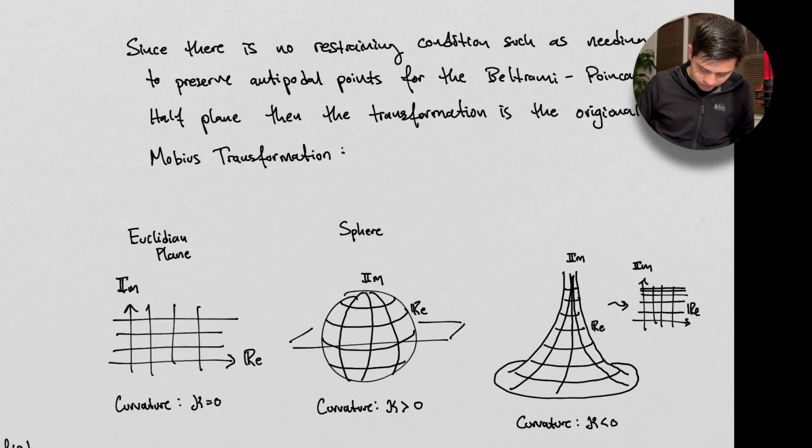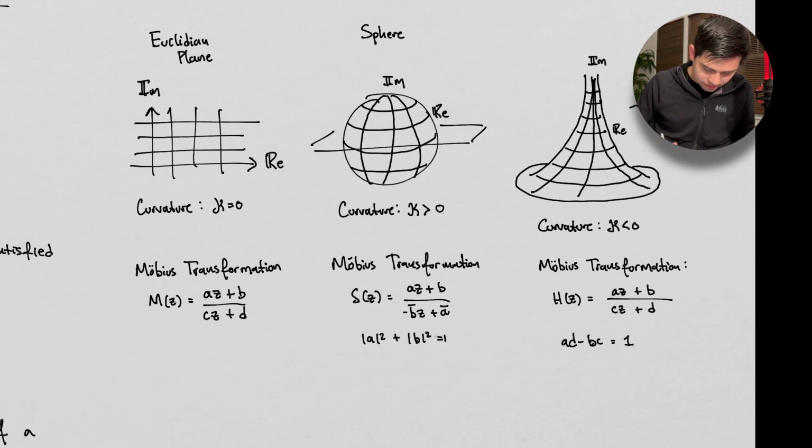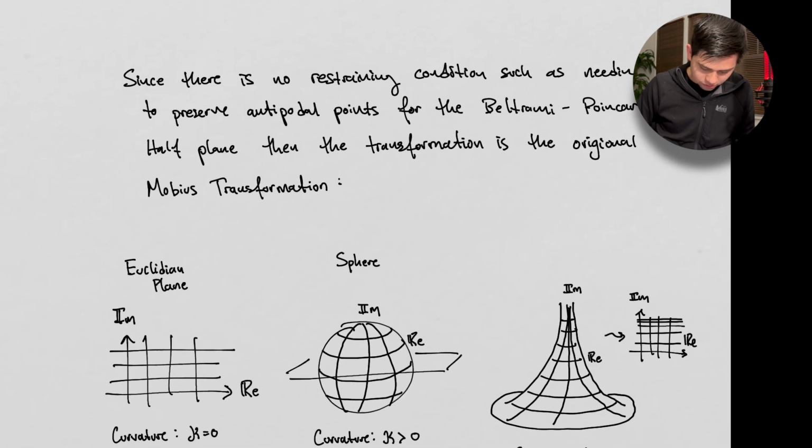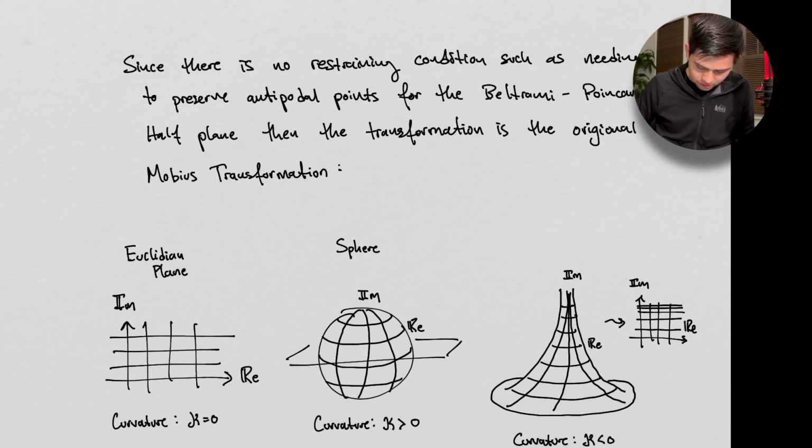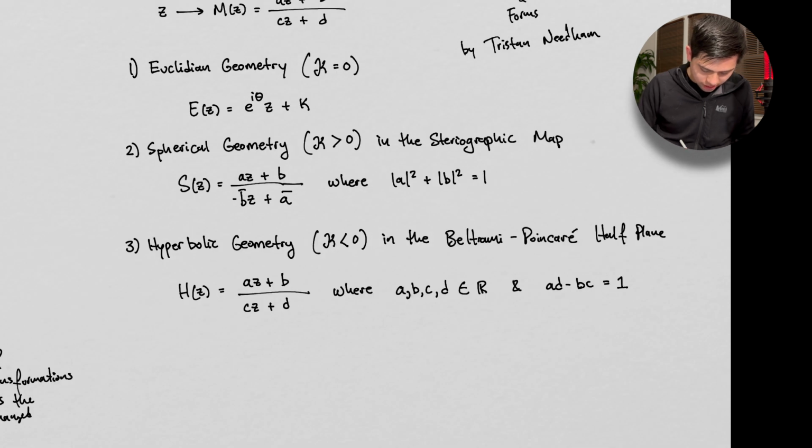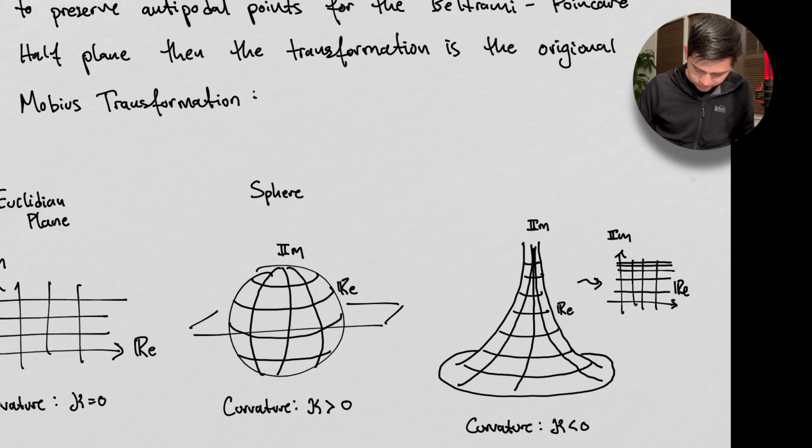Okay. So let's sum this up. The idea here is that we have a complex plane, a complex sphere, and a complex hypersphere.